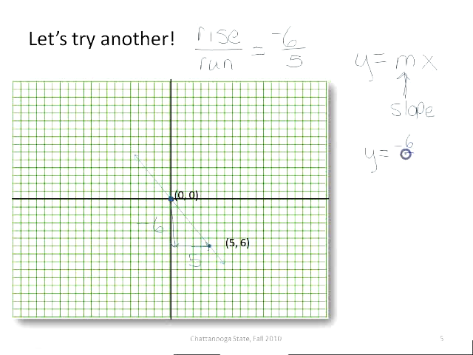So I can write the equation of this line as y equals negative 6/5 x. If the line doesn't go through the origin, that's something you'll do later. But for now, if the line goes through the origin, your equation is simply y equals the slope times x.